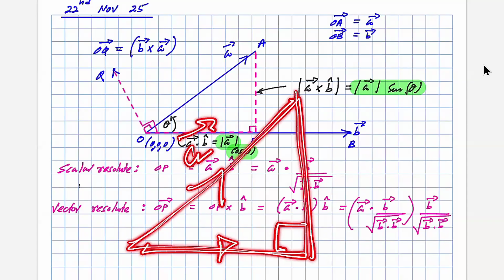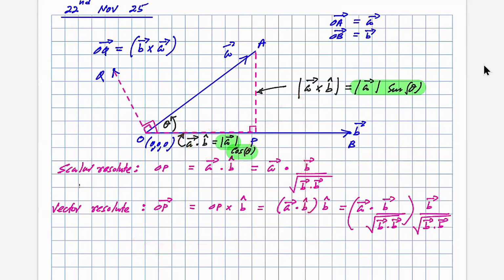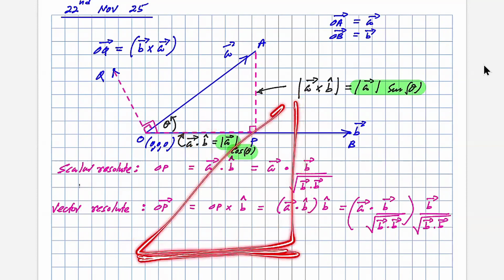In math terms, we give a directional sense to a value. Previously, this was just a length. When you put this, we are giving a directional sense to that length. That directional sense comes from knowing the unit vector in that direction. We discussed that already, right? I'm just helping you to consolidate.